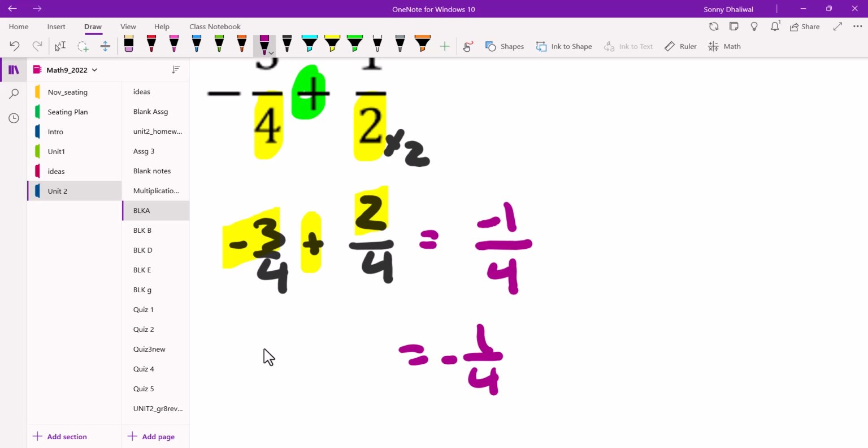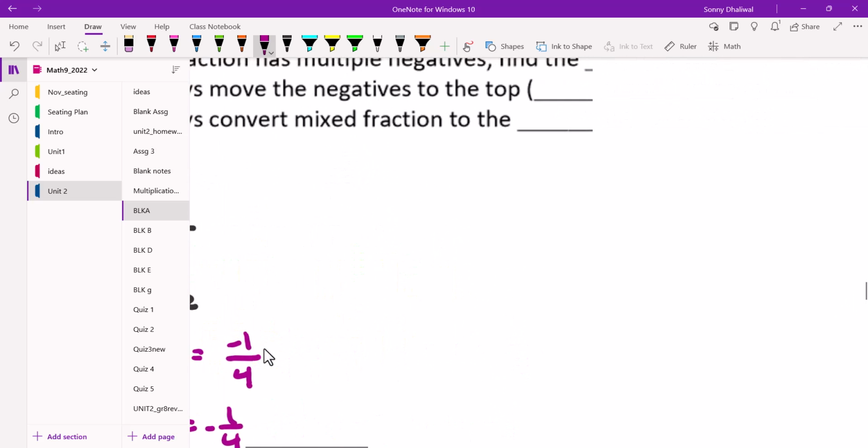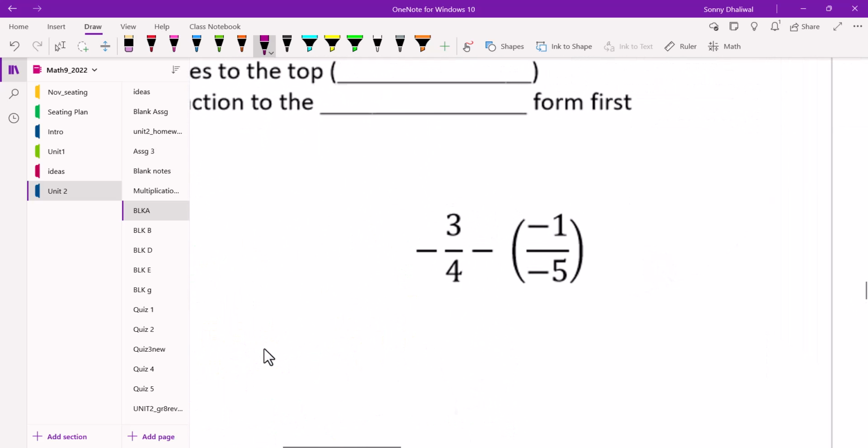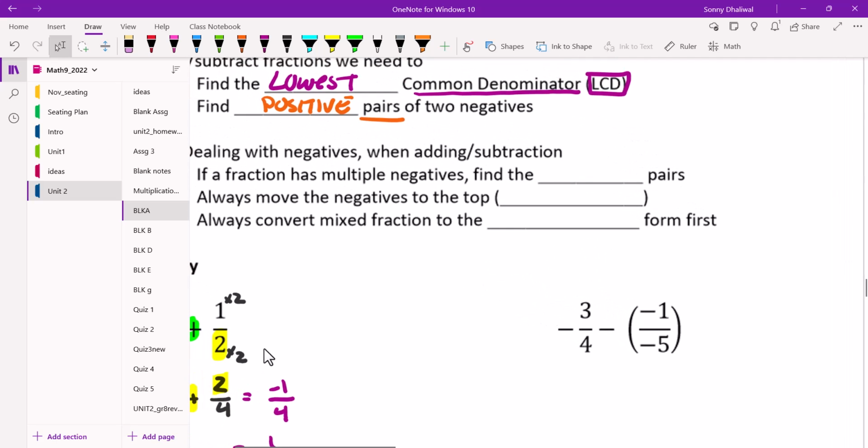All right. So now over here, this question has got a whole lot of negatives on it. And when we pair up negatives and cancel things out, they need to be on the same fraction. It's a little bit different when we're multiplying, because when we're multiplying and dividing, we can cancel a negative in the first fraction with a negative in the second fraction, because they're combined.